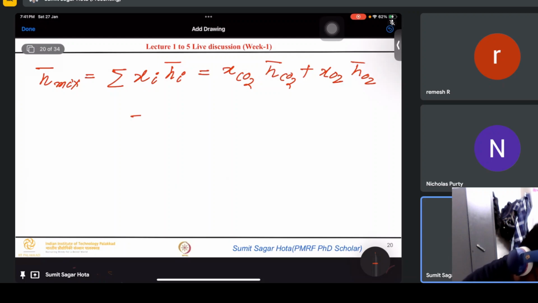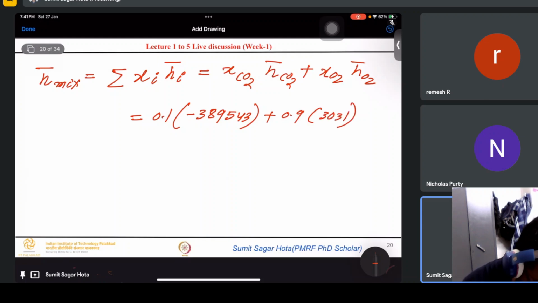How much we can go, but I think these are basic. I'm not actually solving very difficult questions, and I don't think more difficult questions than this will come. What I basically did: x of CO2 is already found, 0.1, and x of O2 is given as 0.9.